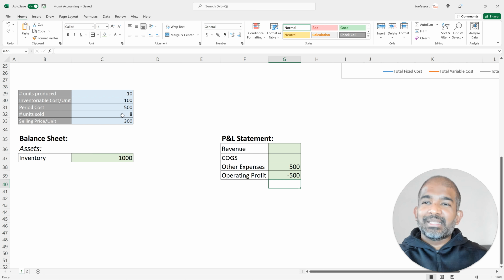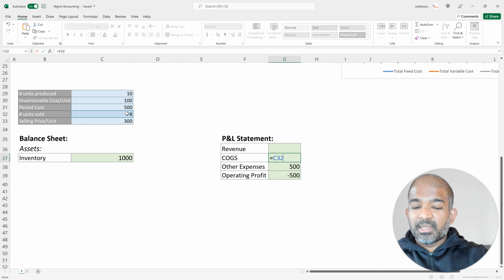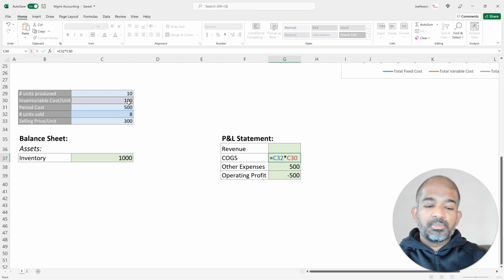When you sell these 8 units, those 8 units are removed from the inventory, and they are expensed under the profit and loss statement as cost of goods sold. So the cost of goods sold is the 8 units multiplied by the inventory cost per unit.